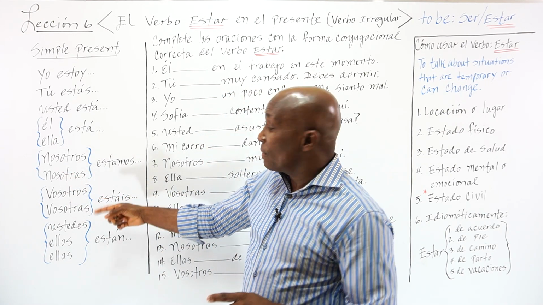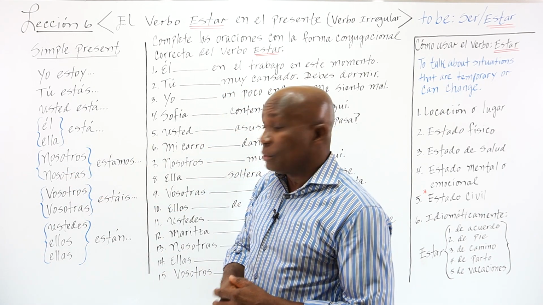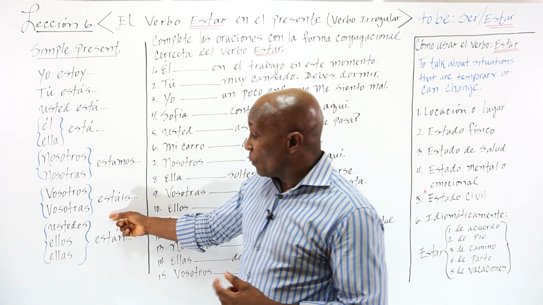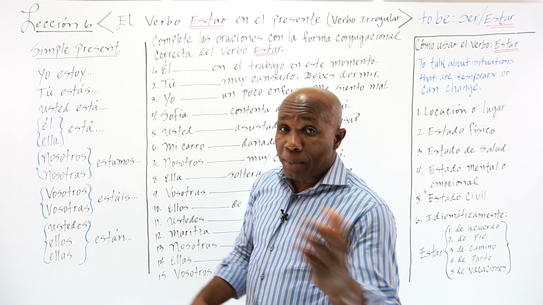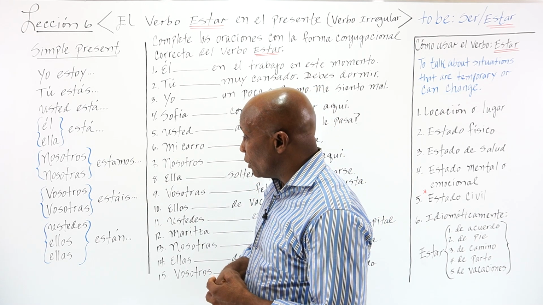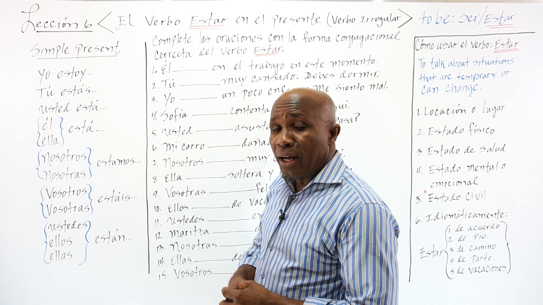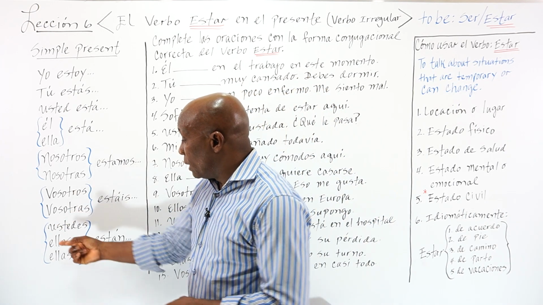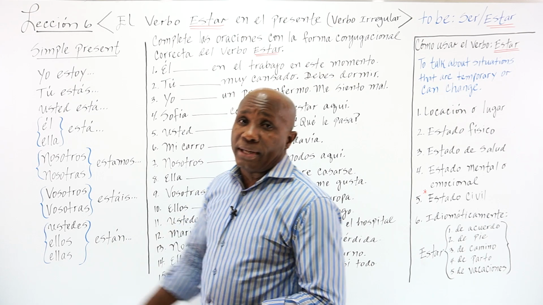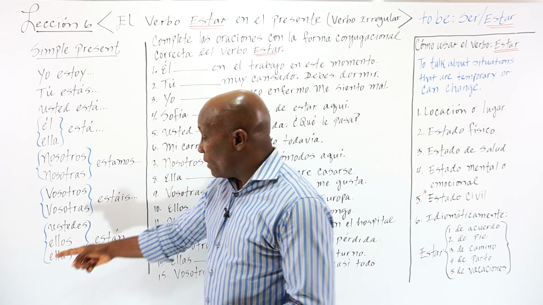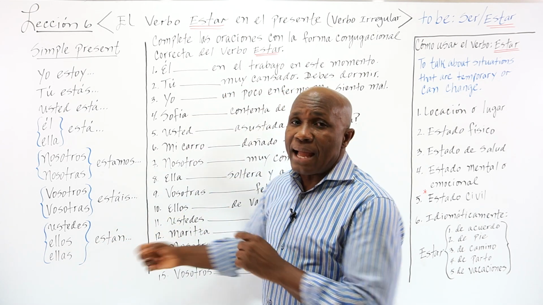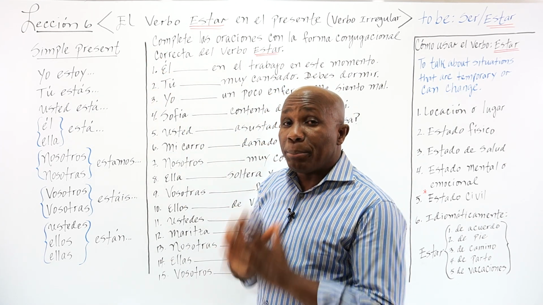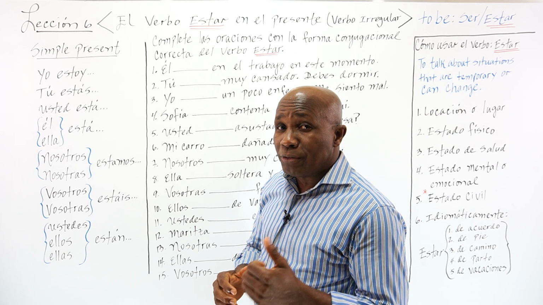Nosotros, nosotras, estamos. Vosotros y vosotras estáis. And this is used in Spain. I said that when we explained the verb ser in lesson number 5. Ustedes, ellos o ellas están. So this is the conjugation in the present for the verb estar.